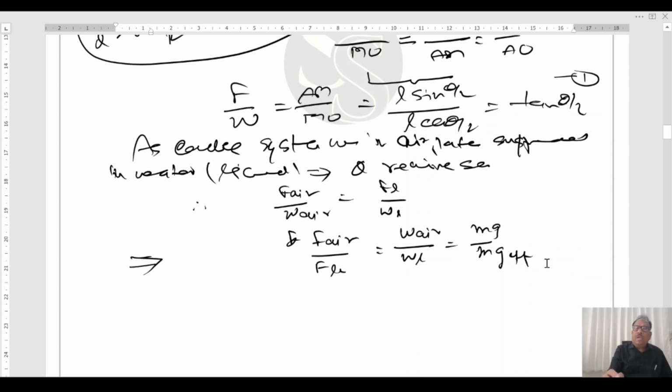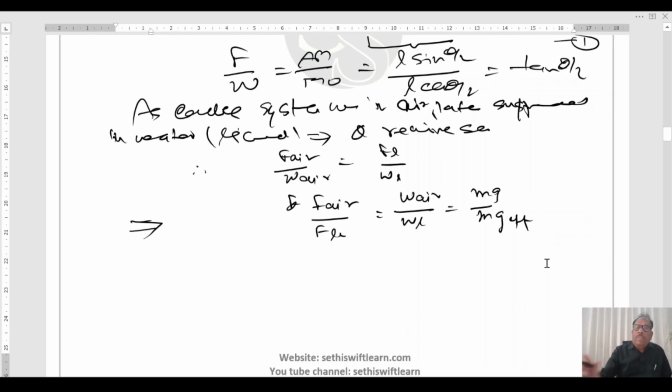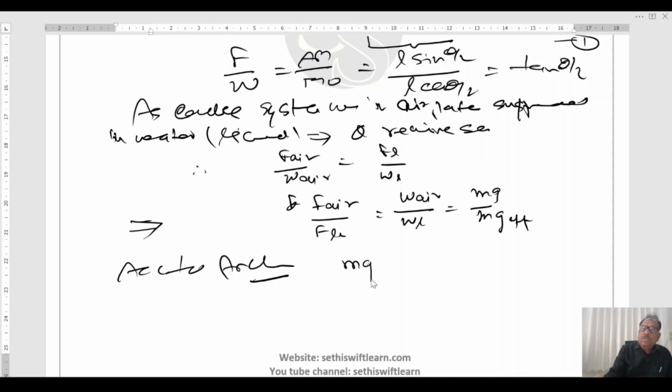Now, to find G effective, according to Archimedes principle, apparent weight M G effective will be equal to weight M into G in air minus upthrust, V into density of liquid into G. V means volume of the body inside.